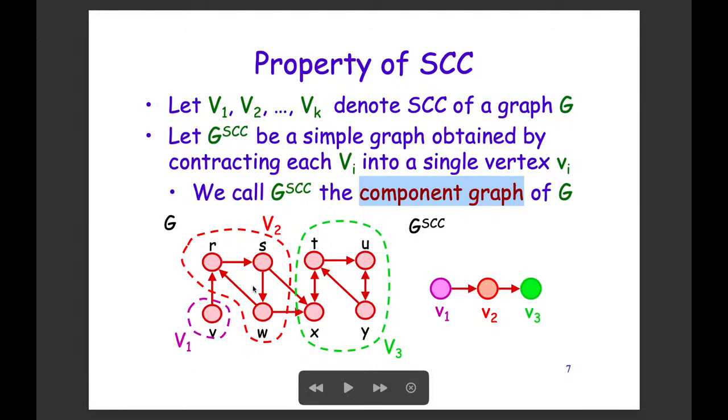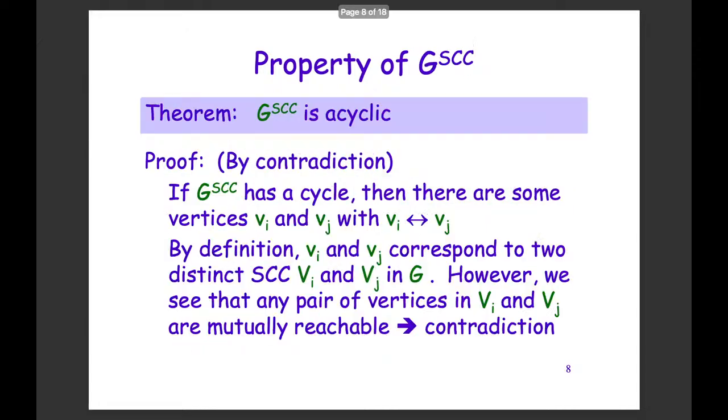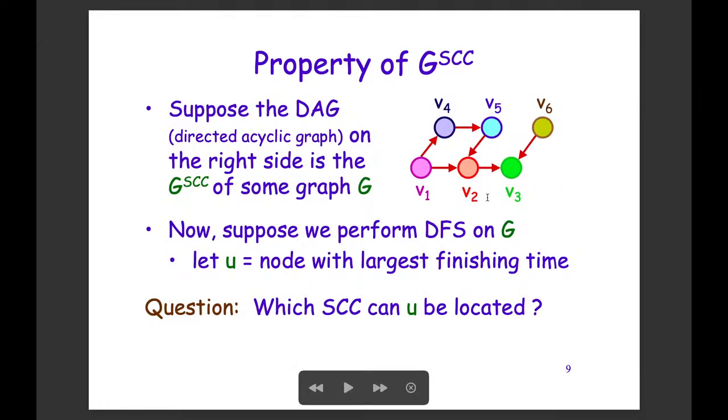Conclusion: this is the key observation. If a vertex appears in a component that is pointed to by another component, then this vertex cannot have the largest finishing time. So if U is a vertex with the largest finishing time, it cannot appear in V3.